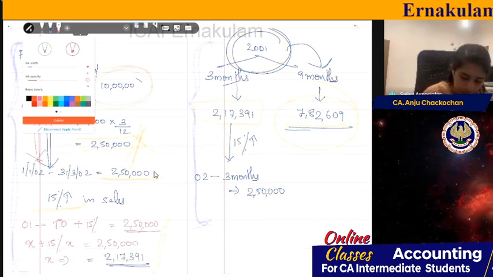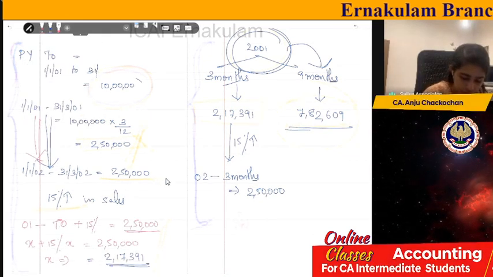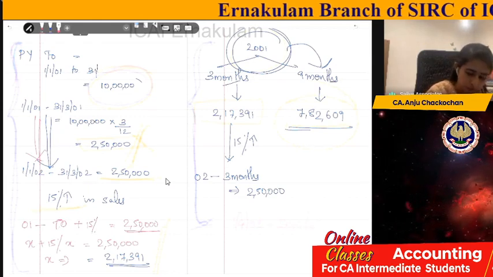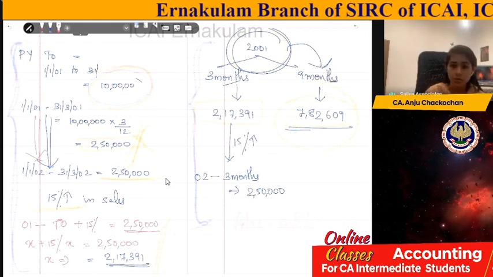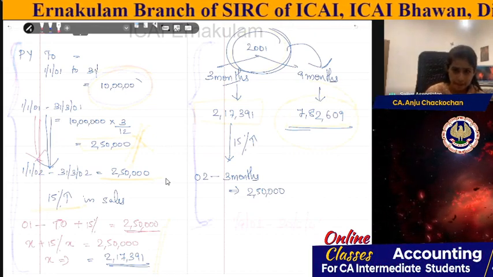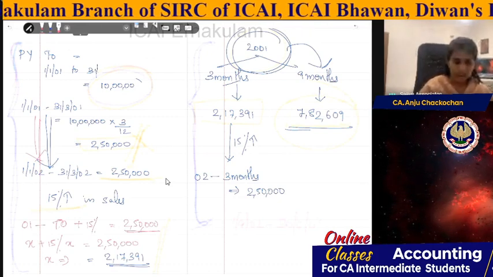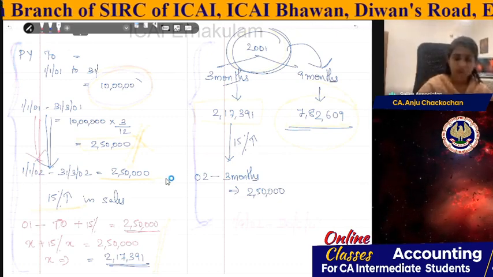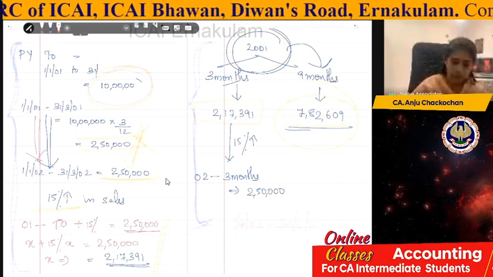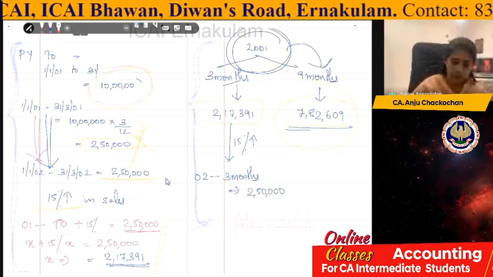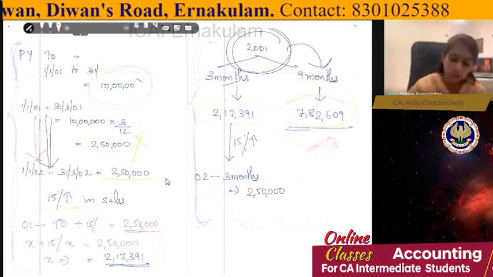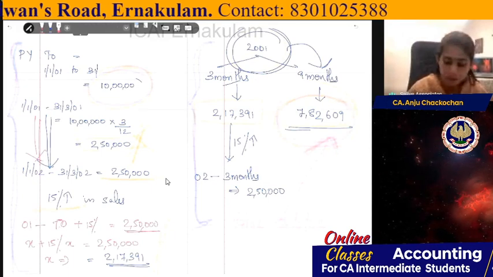The disrupted period was from 1/4/2002 to 30th of June 2002. Yes or no? And henceforth, for the next 9 months, 7,82,609 will be covered in this one. 1/4/2002 to 30/6/2002 will be covered in this last 9 months. So we'll have to take a proportion of this.